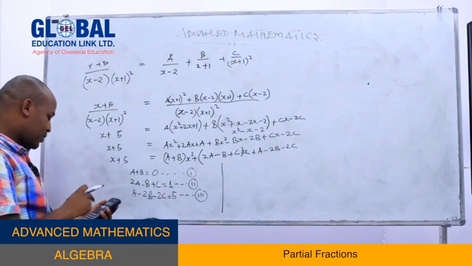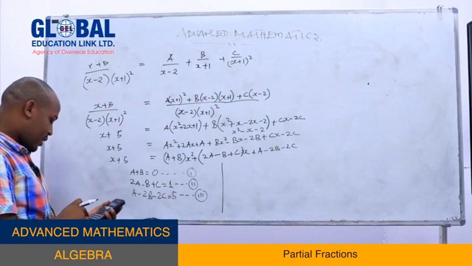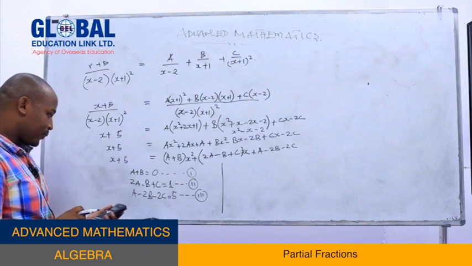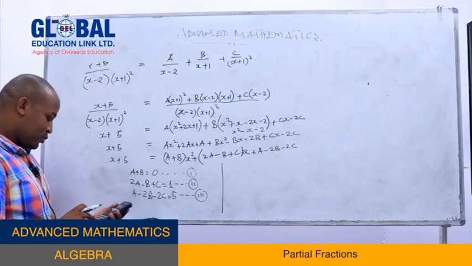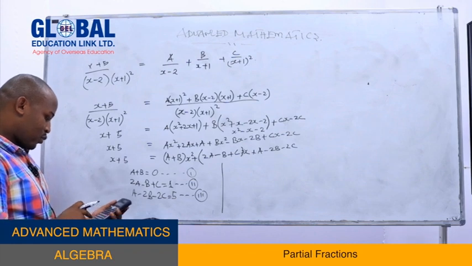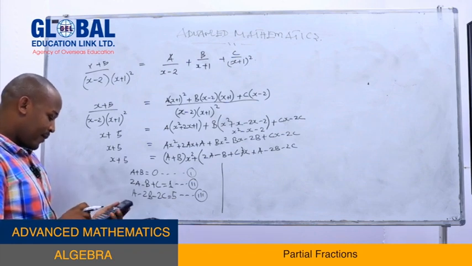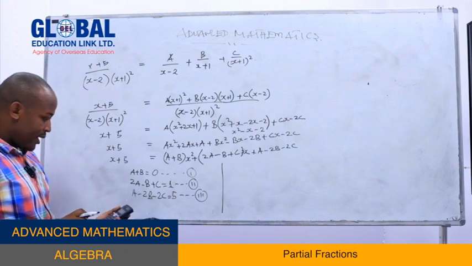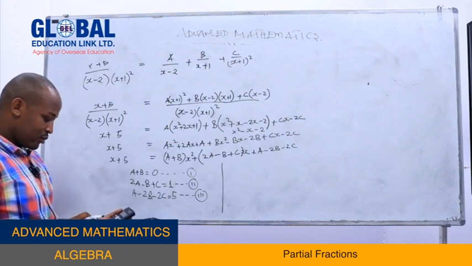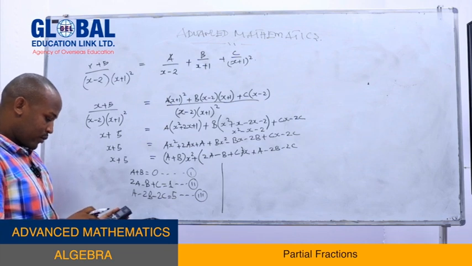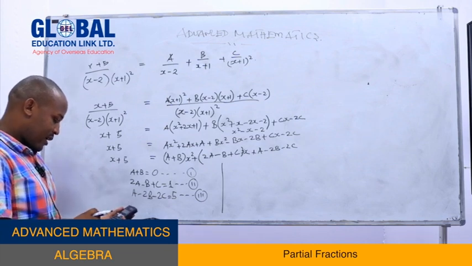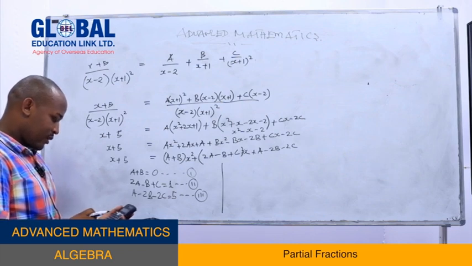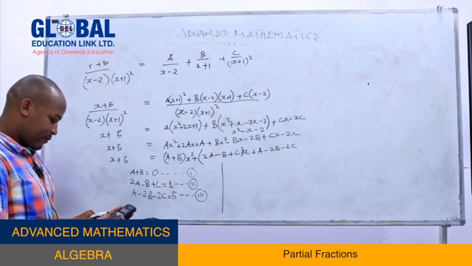For the first equation, we have 1, 1, 0, and 0. Then 2, minus 1, 1, and 1. And equation number 3 is 1, minus 2, minus 2, and 5.